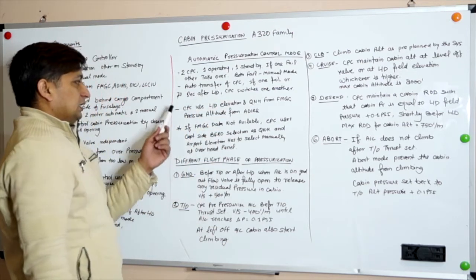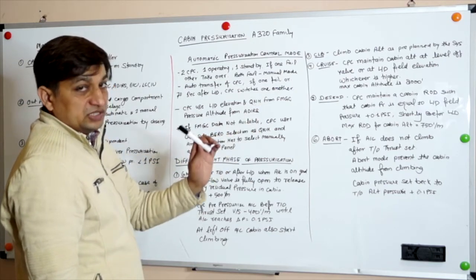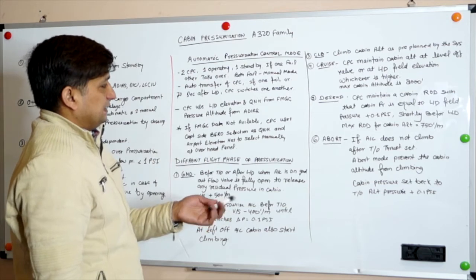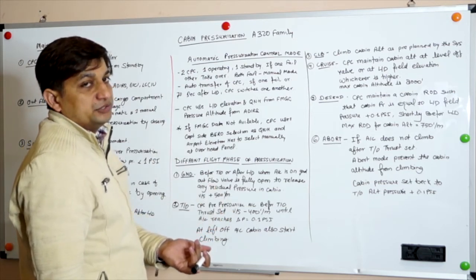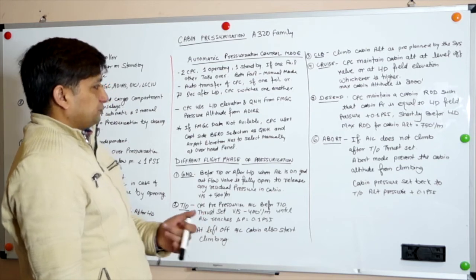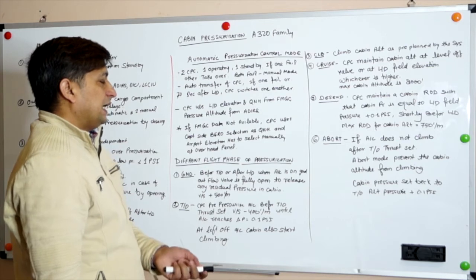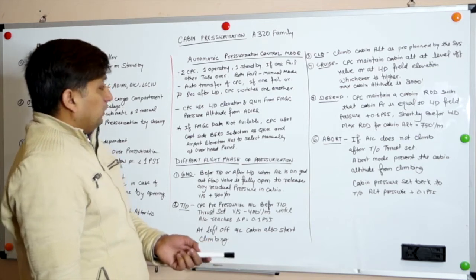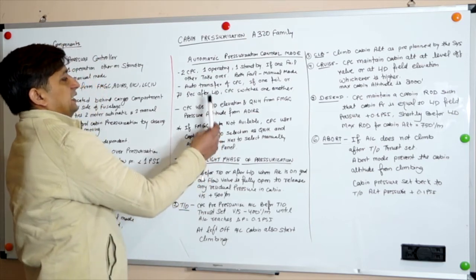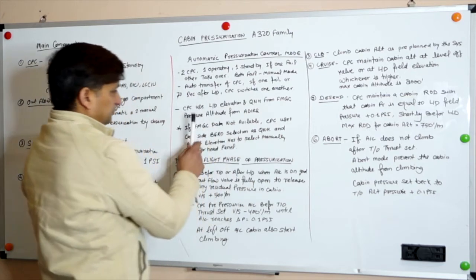Okay, and the CPC uses the landing elevation and QNH figures to optimize how much pressure and what rate of descent has to be maintained for the cabin altitude to equalize the pressurization at the time of landing, or touchdown, or on the ground.